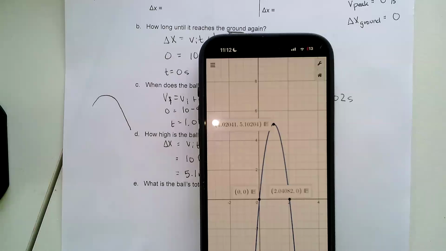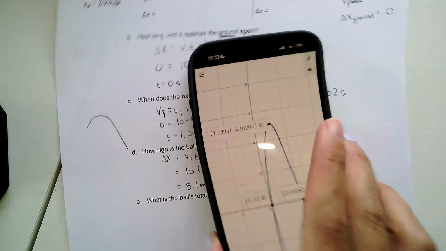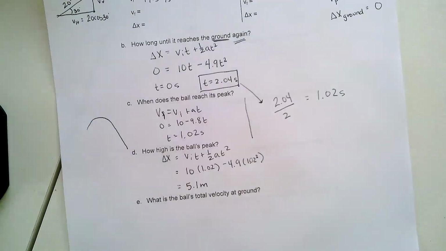So 1.02 seconds for the time and 5.1 meters as the height. Kind of useful, isn't it? This is why, for me, graphing the quadratic will always be a good solution, because it gives me so much more information than just the quadratic.